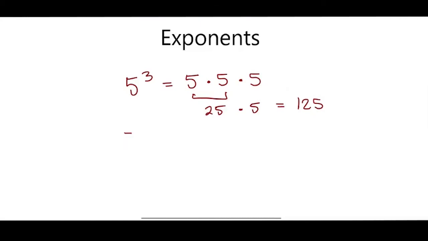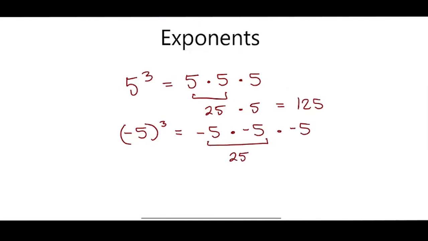But if I have negative 5 in parentheses raised to the third power, that's negative 5 times negative 5 times negative 5. Well, if I do negative 5 times negative 5, that's positive 25 times negative 5. Well, that's a positive times a negative. And when I have different signs, that means my answer is going to be negative. So the answer is negative 125.